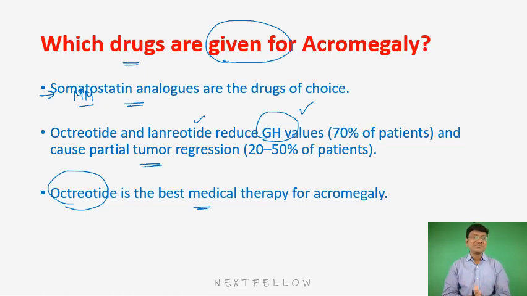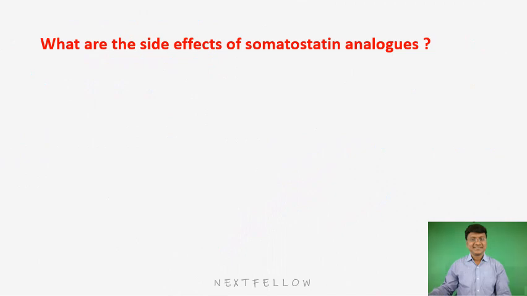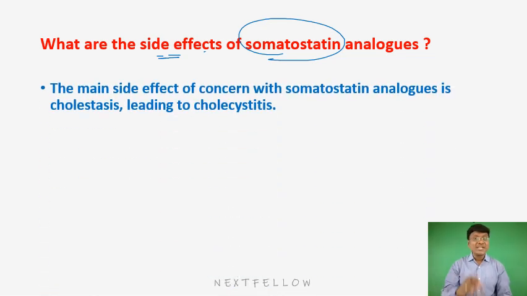But before that, what are the adverse effects? Yes, what are the side effects of somatostatin analogs? Side effects of somatostatin analogs include cholestasis, and that will lead to the development of cholecystitis. That will be the side effect of the somatostatin analog.